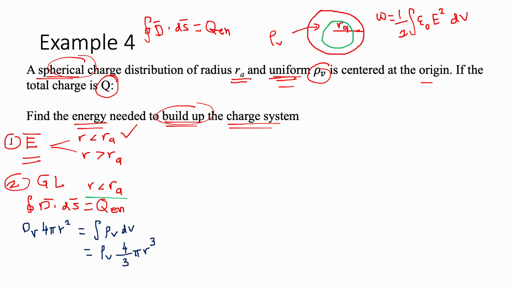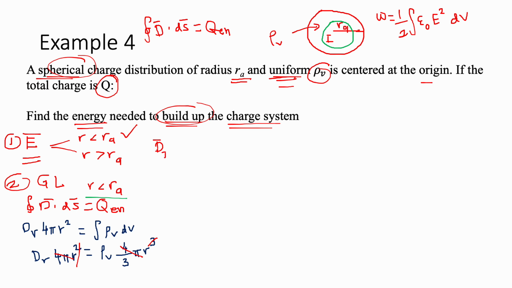If we solve the left-hand side and right-hand side, we can cancel this r, and then we can cancel this 4 pi. So it will leave behind only your D, in region number 1, let's give the name of the region. Yes, this is region number 1.